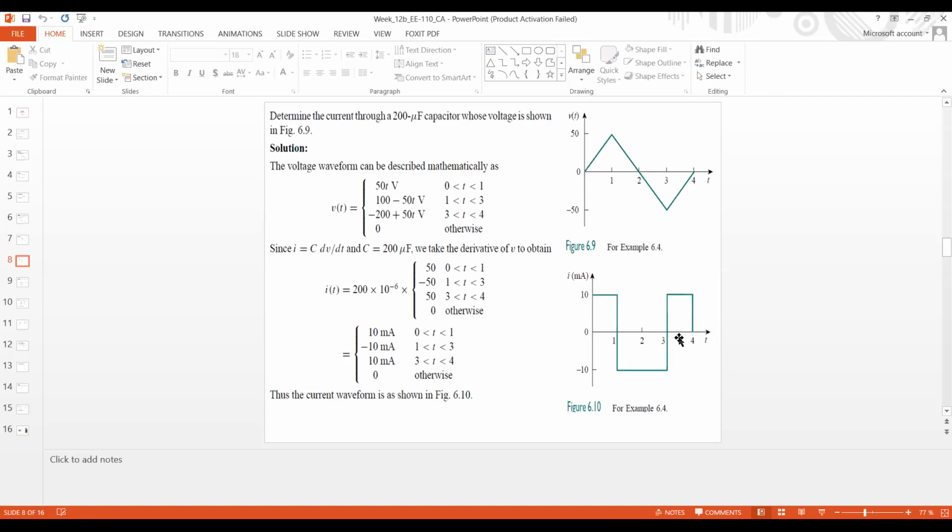Beyond 4, since there is no voltage, there will be no current. Using this strategy, we can find the current of a capacitor and draw its waveform if the waveform of voltage is given, and vice versa.